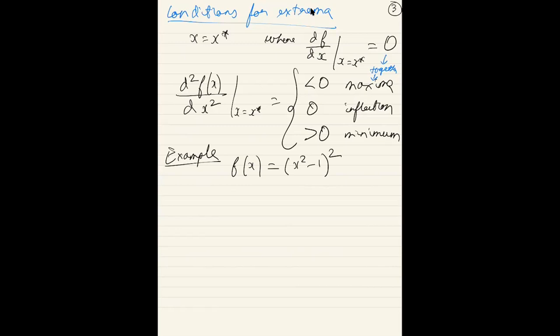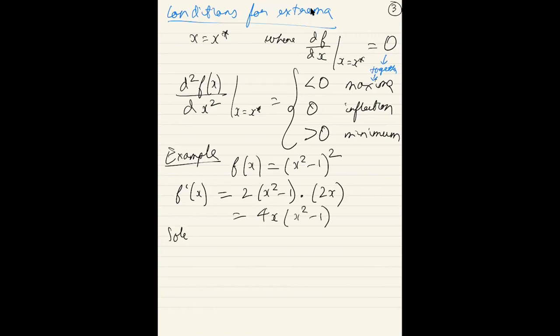It's going to be continuous, so we can expect extrema to exist. So let's find them. In order to do that, let's calculate our f prime of x. What's that going to be? That's going to be 2 multiplied by (x squared minus 1). Here we are using the chain rule. And then the derivative of x squared minus 1 is going to be 2x. So this is 4x times (x squared minus 1).